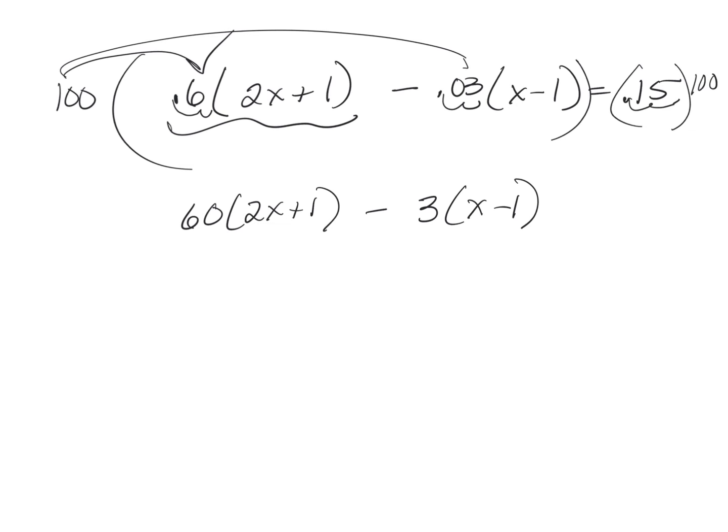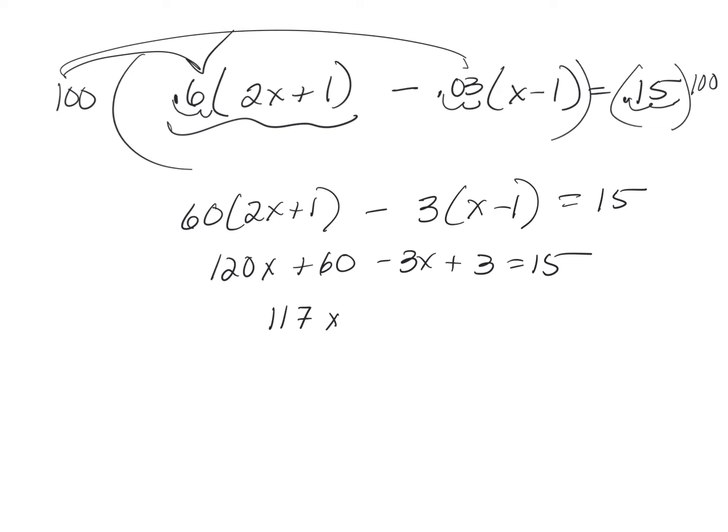And we end up with this. Notice that this negative went into here, and negative, that's why that's a positive there. And we're going to subtract the 63 from both sides.